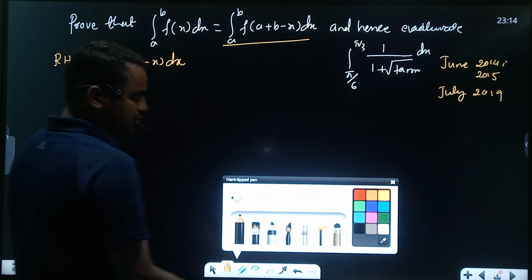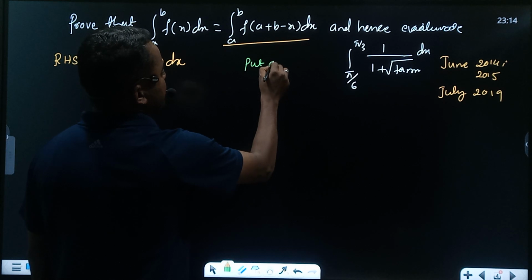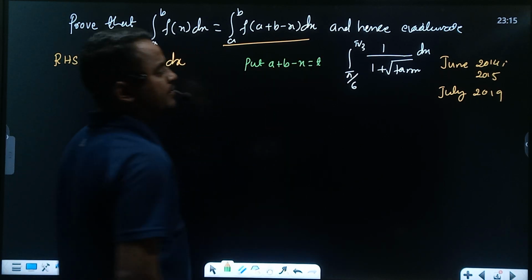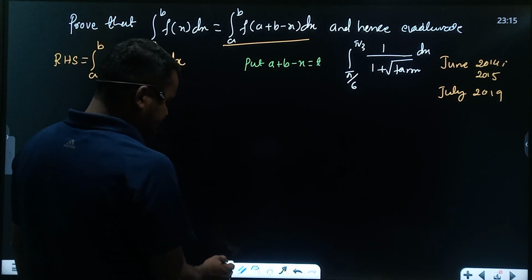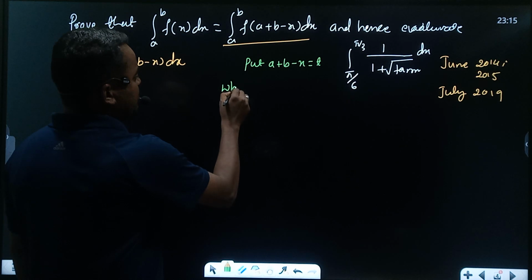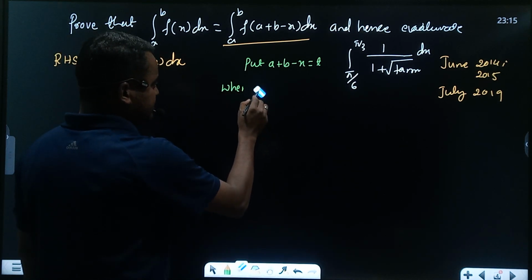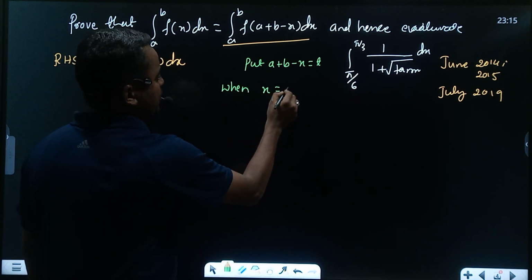Now take the substitution: put a plus b minus x is equal to t, and change the limits. When x is equal to a.